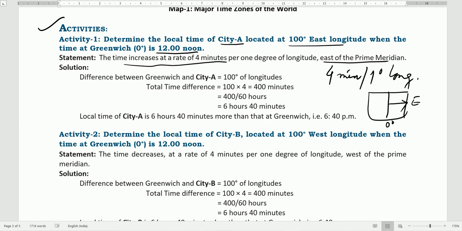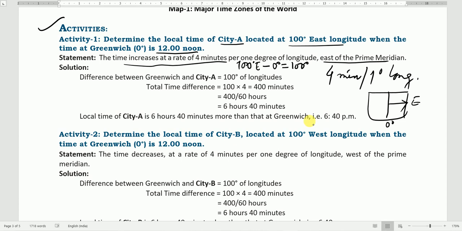So first we have to calculate the difference between Greenwich and city A. The location of city A is 100° east, minus Greenwich, which is 0, is equal to 100°.